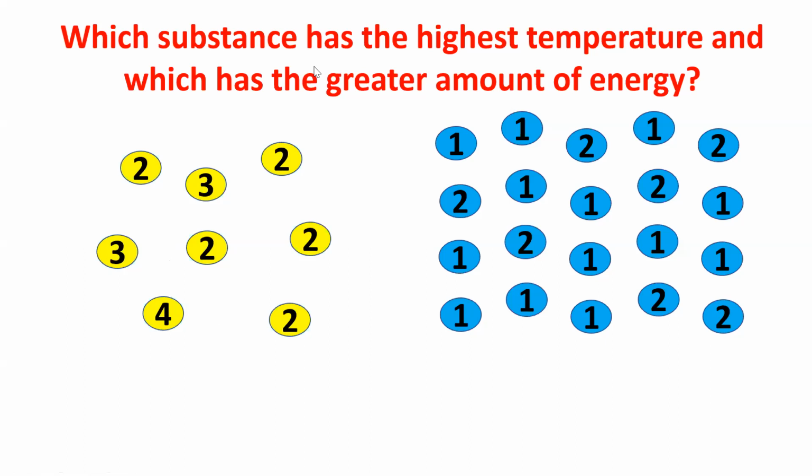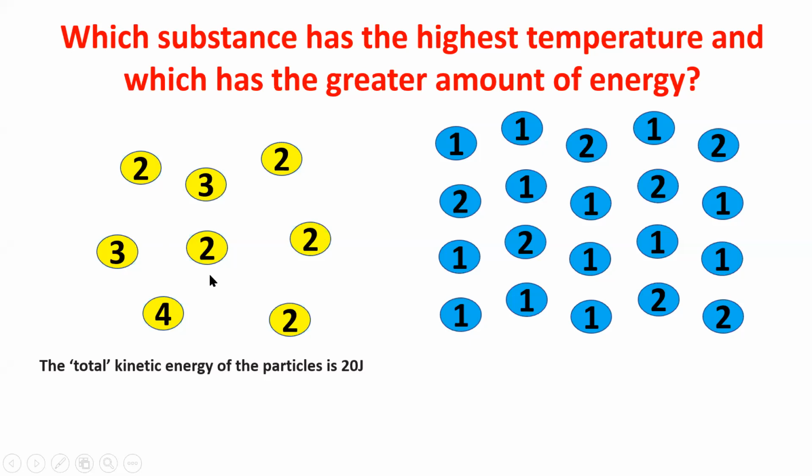What you would do is add all of the energies together. So you've got 2 joules, 3 joules, 2 joules, 3 joules, 2 joules, 2 joules, 2 joules, 4 joules. So the total kinetic energy of the particles is 20 joules.